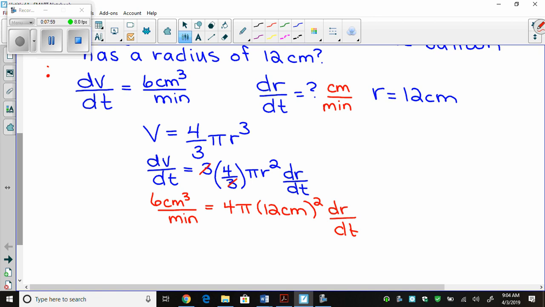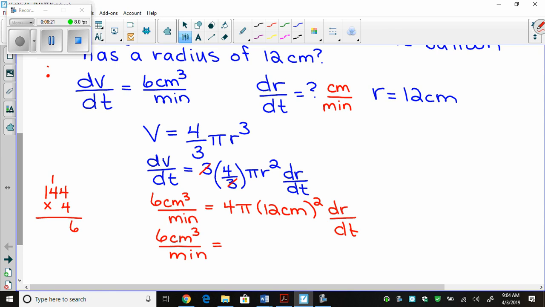Okay. So we have 6 centimeters cubed per minute equals, then this is going to be 144 centimeters squared times 4. What's that? I'm going to do this off to the side because I assumed you guys knew how to do this, but it seems as though you do not. 4 times 4, 16.